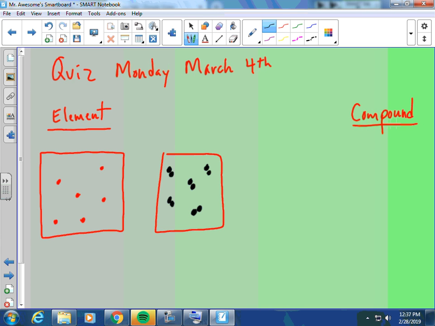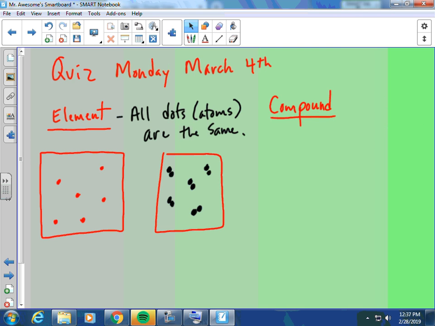So that would still be an element because all of the atoms, all of the individual dots are the same color. All right?